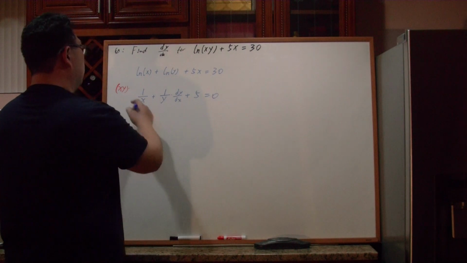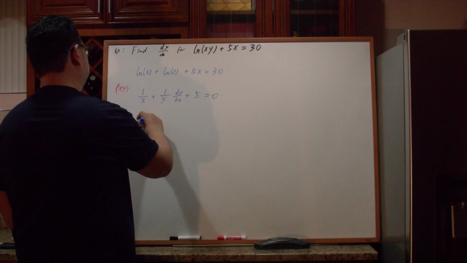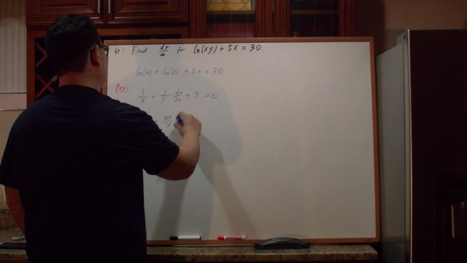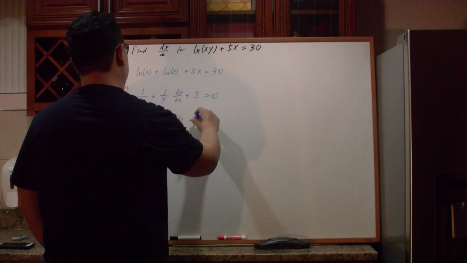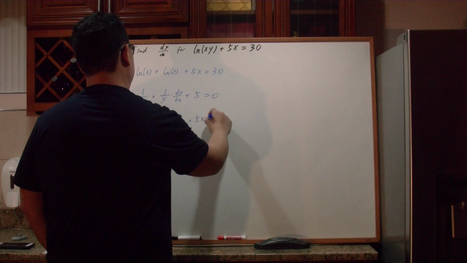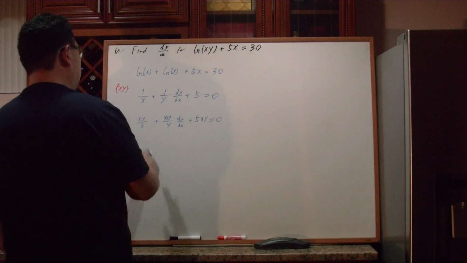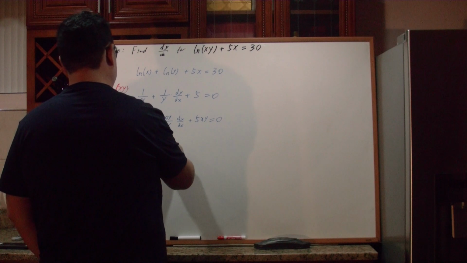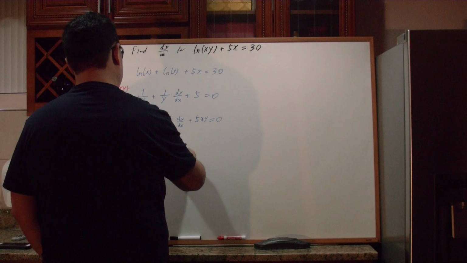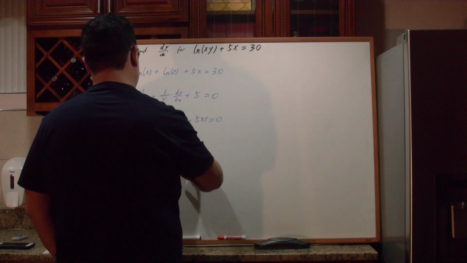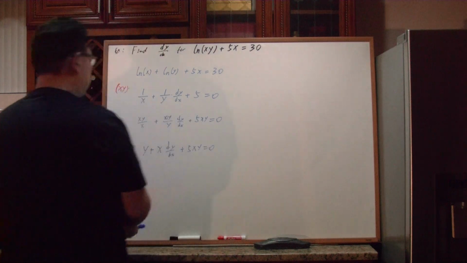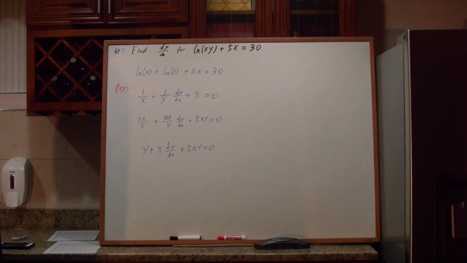Multiply everything: we get xy over x plus xy over y times dy over dx plus xy times 5. That gives y plus x dy dx plus 5xy equals 0.